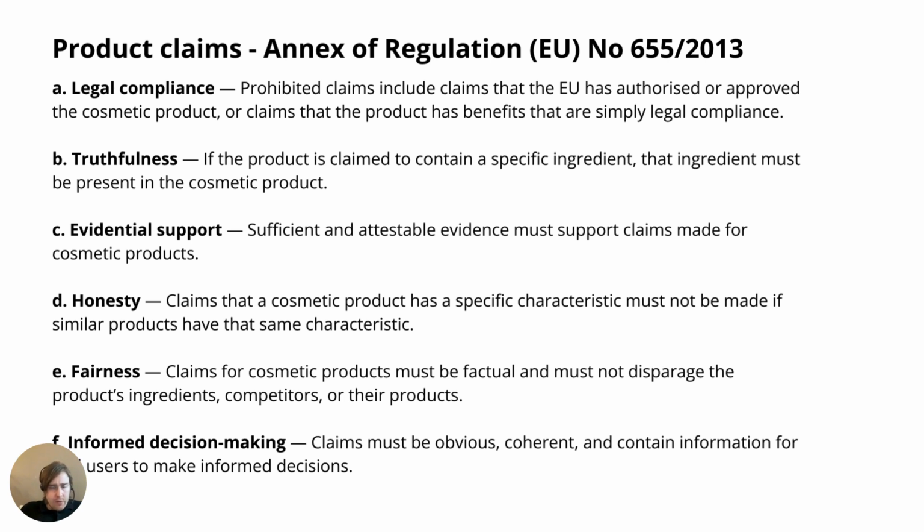The first part is legal compliance. Then you have truthfulness, that if you include certain ingredients, then it has to be in the cosmetic product, or also vice versa. Something that you can see these days is that certain cosmetic products are advertised as being phthalate free or paraben free, for example. That must, of course, be the case if you make that claim.